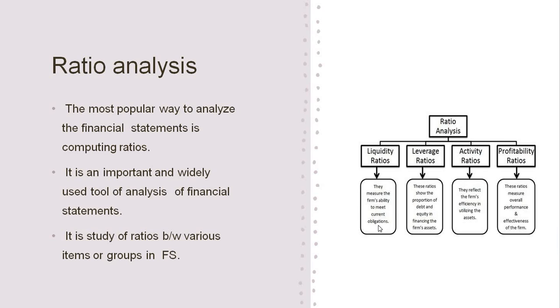Also make sure you learn all the formulas that come under ratio analysis. If you learn all the formulas, it will be very easy for you to classify them or to identify the items from the balance sheet. With a small, simple classification, you will be able to earn 5 to 8 marks in your semester exams.